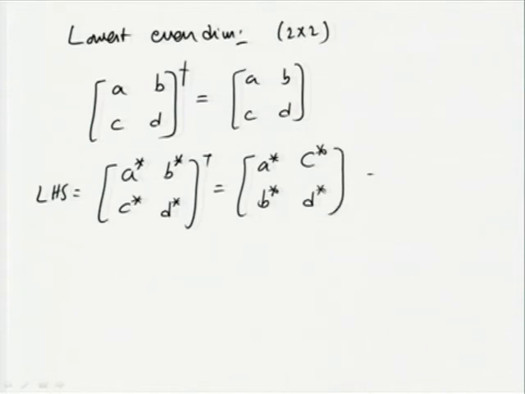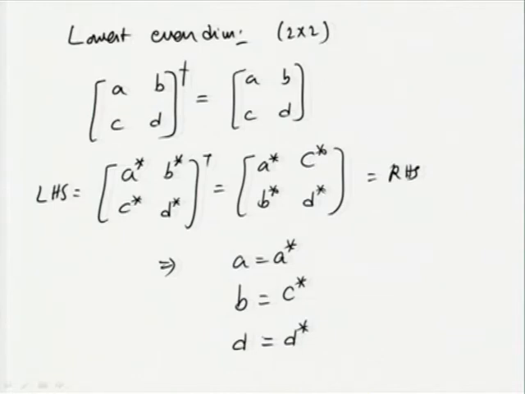That should be equal to the RHS, which tells you that A is a real number, B is equal to C star and D is equal to D star, a real number. So, the diagonal elements are real, and the off diagonal elements are complex conjugates of each other symmetrically.